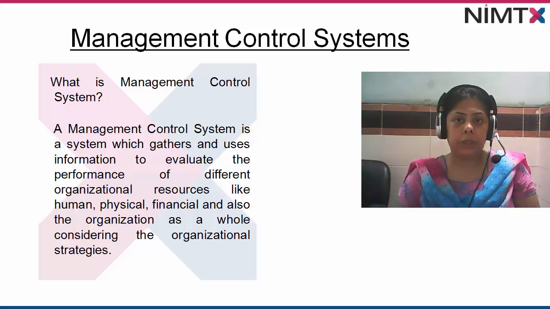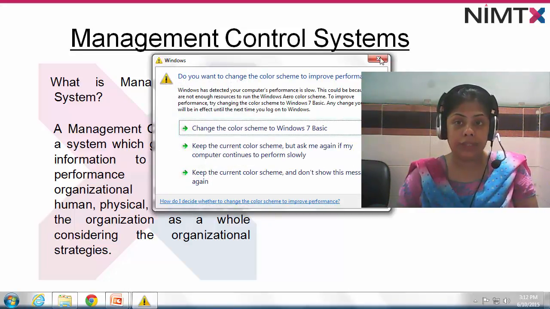How does management control big companies, big organizations like Wipro, Infosys, and Reliance? They do need control systems because the employees are spread all over the country, sometimes all over the world, in many countries.